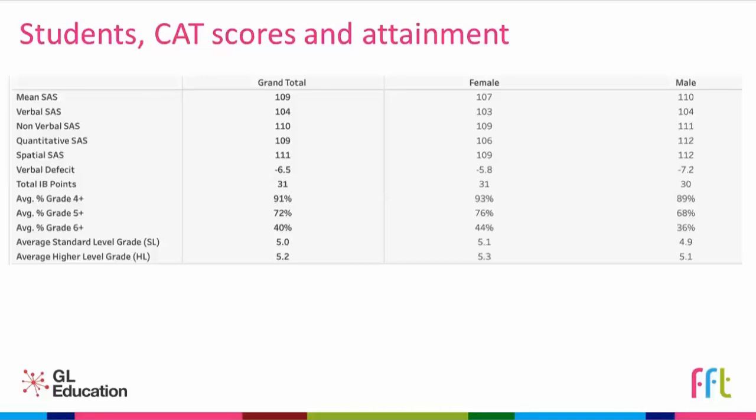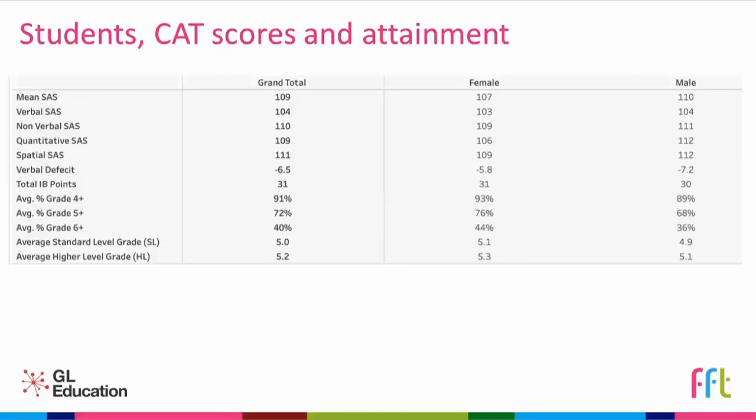For the students in the schools participating in this service, the average CAT score is 109. As I mentioned earlier, within that you will see there's quite a big difference between the verbal score and the non-verbal score for students, a verbal deficit of 6 points between verbal and non-verbal.